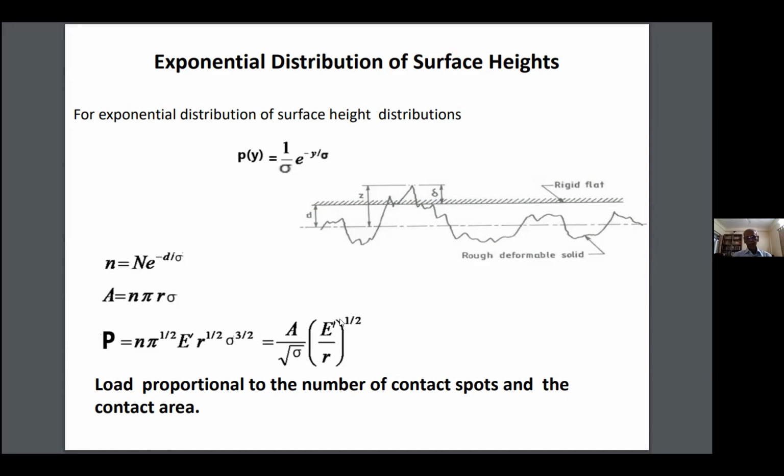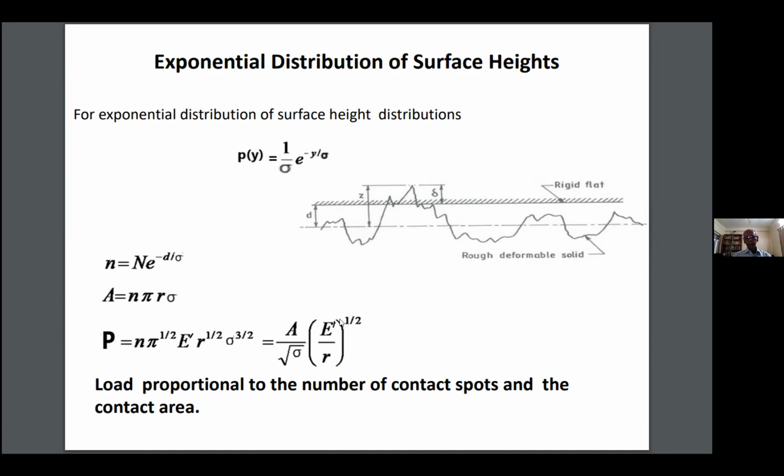So this is very important, because then we can say that when two surfaces are in contact, the load is not deforming the whole body. It is deforming only the top few asperities, depending on how much load you are putting.